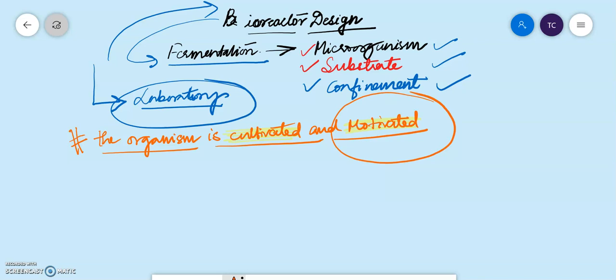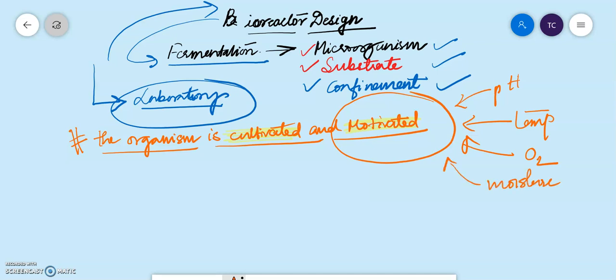That optimum environment comprises your optimum pH, optimum temperature, and if the organism requires oxygen, optimum dissolved oxygen concentration, optimum humidity or moisture. So everything has to be optimum such that it becomes the best ambient environment for their growth.